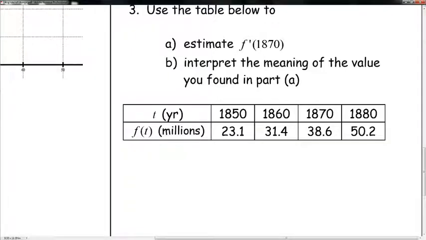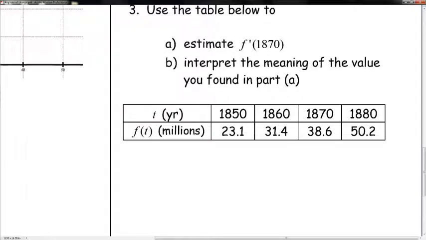Alright, number 3, use the table below to estimate f prime of 1870. Before I get into what this is, I said prime, and you're like, what? So let's talk about this guy right here. You have f prime. What that means is the slope around that point. Up to this point, we'll get into a better idea of what that is in a couple units.